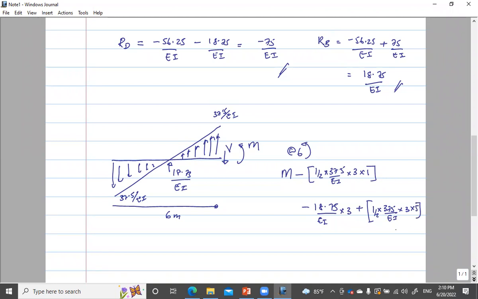Okay, that should be equal to 0 because at any point net moment is 0.